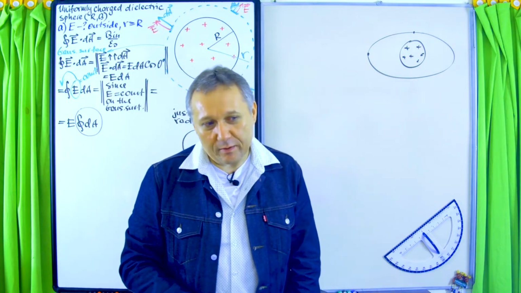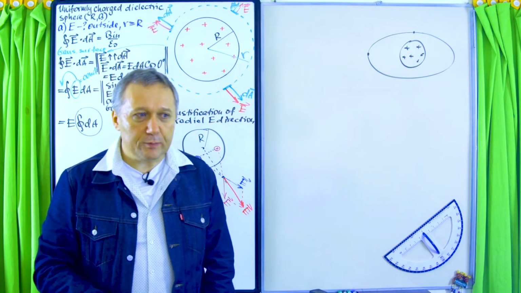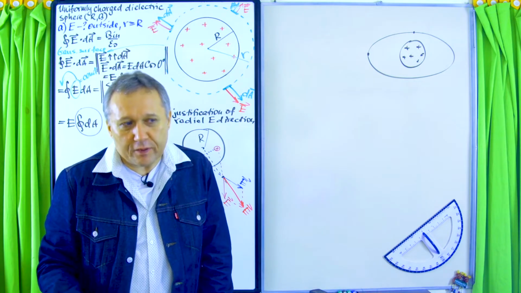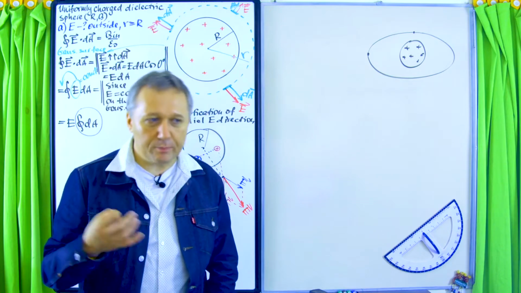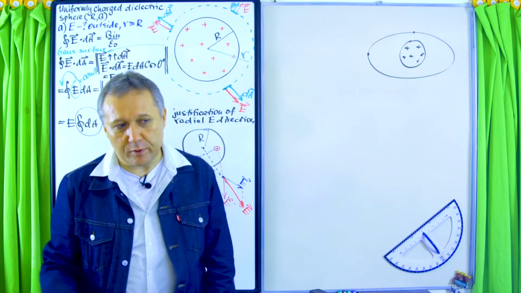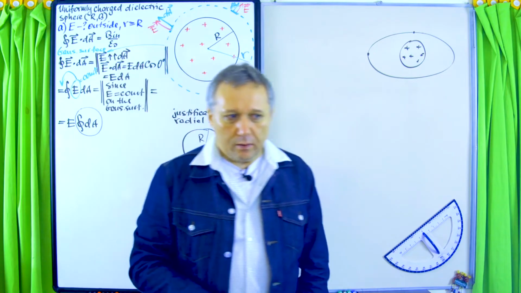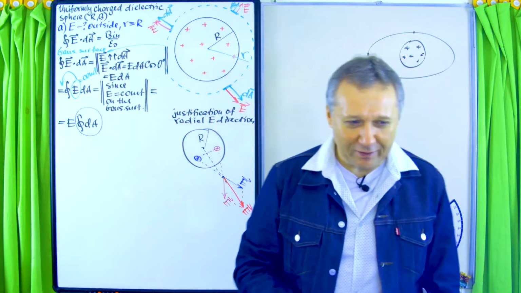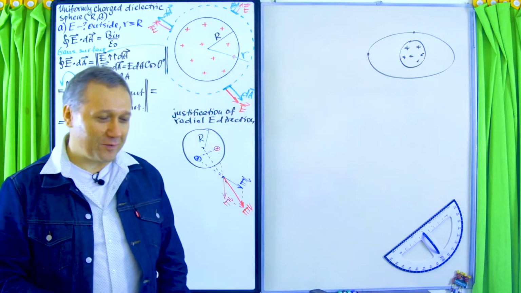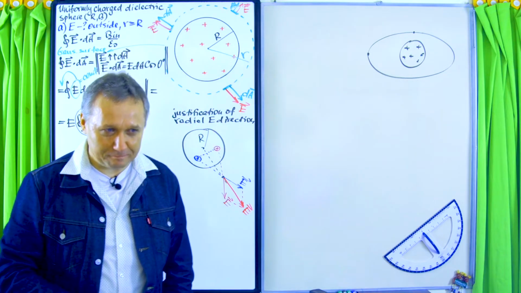That's why in these problems, the most important step, the first step, is that you need to pick the best possible Gaussian surface. Otherwise, you will spend half of your life solving a simple problem instead of solving it in 5 minutes.